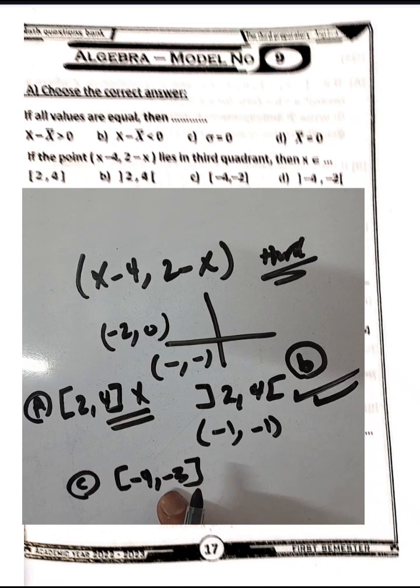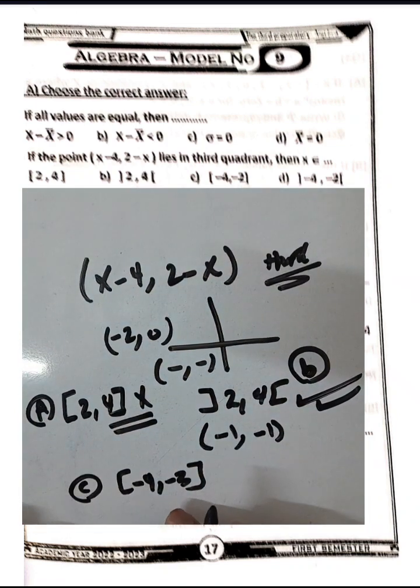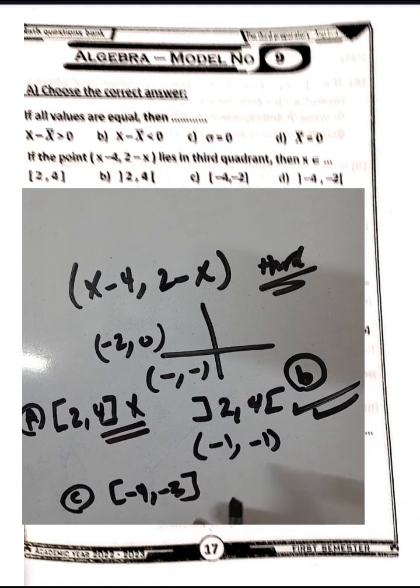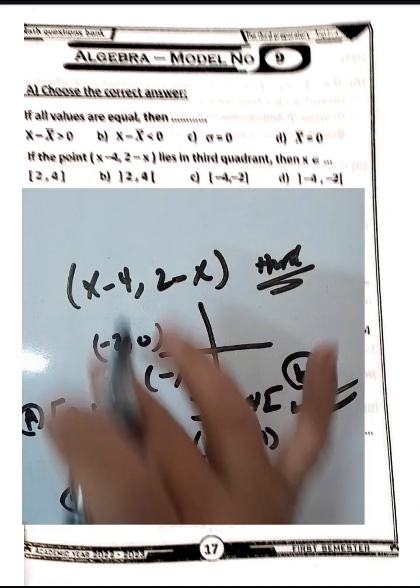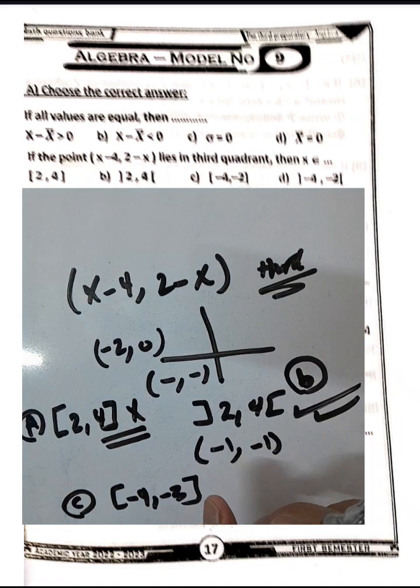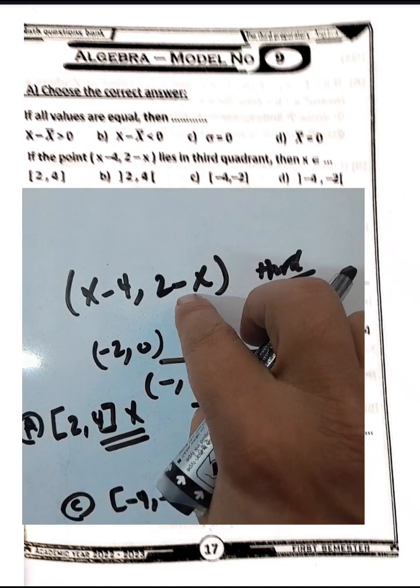Here, negative 3 gives negative 7, and here negative will be positive. It is false because the sign will change, because negative times negative equals positive.